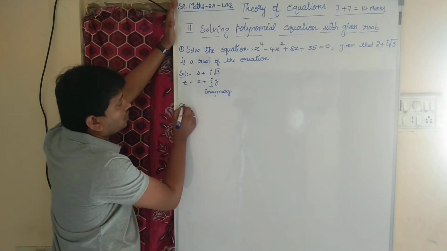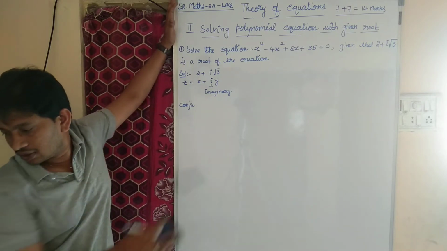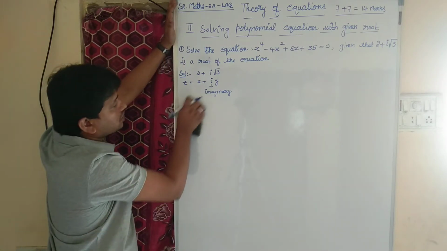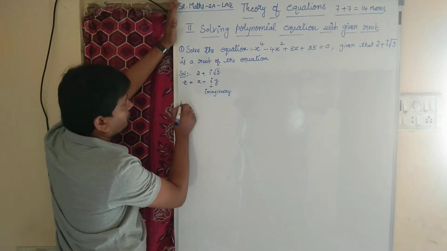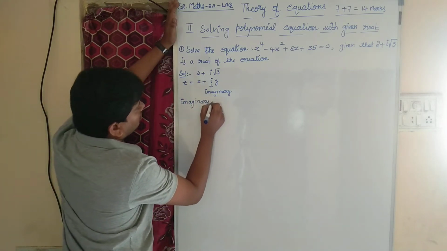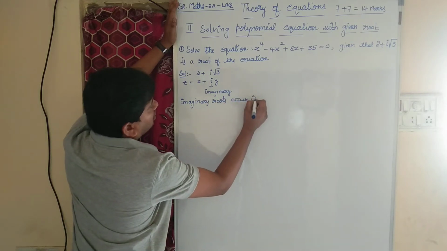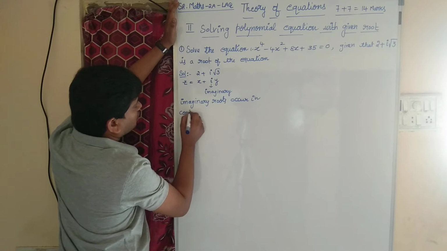Because of conjugate pairs, what can we say? We say that imaginary roots occur in conjugate pairs.